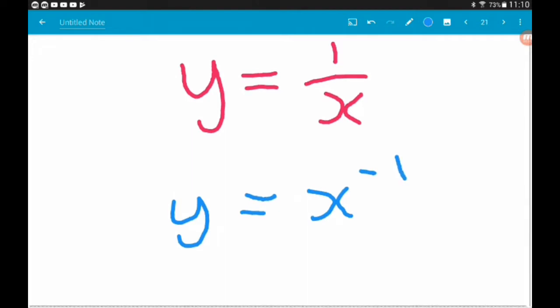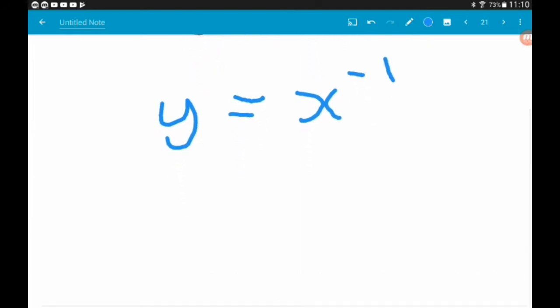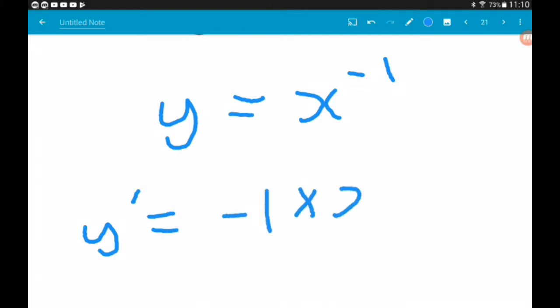Okay, so if we differentiate that, we're going to get y dash is equal to minus 1 times x to the minus 1 minus 1.